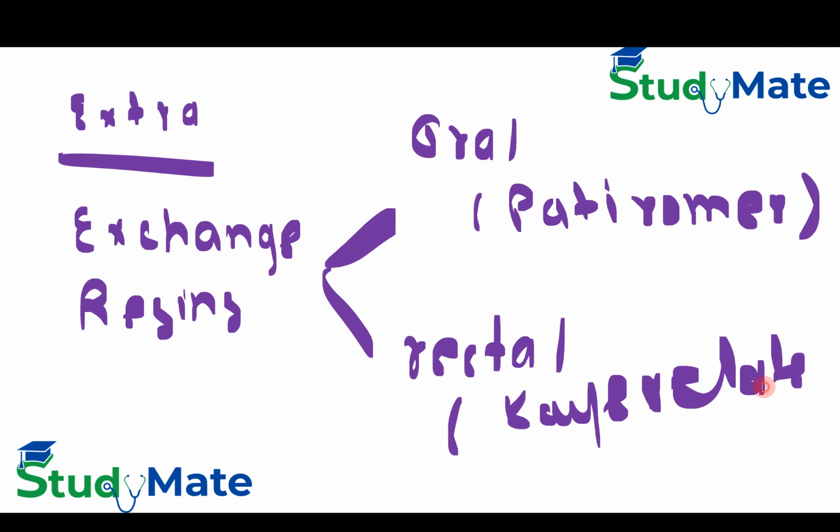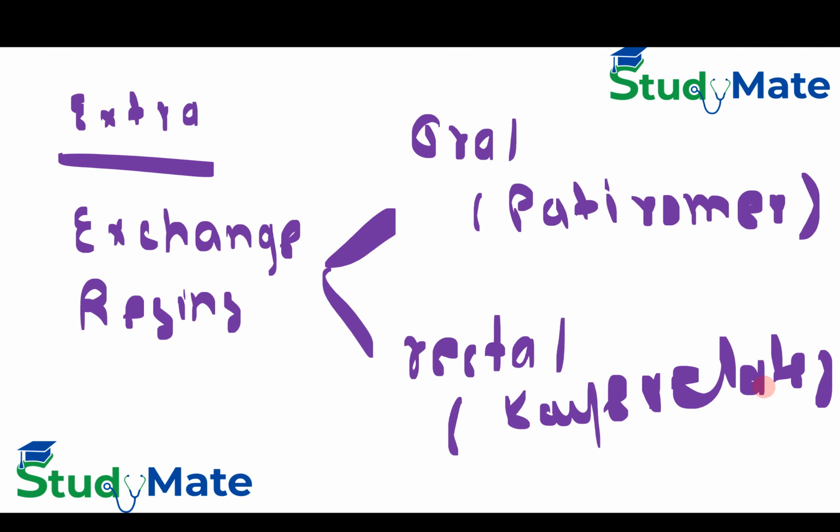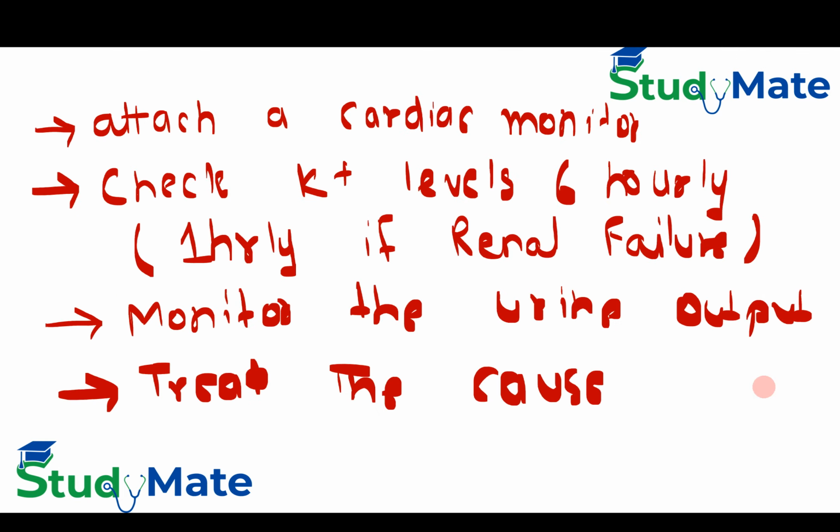If you want to memorize the dose, then kayexalate is given at 500 mg per kg rectally with removal by colonic irrigation after 8 to 12 hours. Only if you want to memorize, but I don't think this is that much important. So this is the management of hyperkalemia.